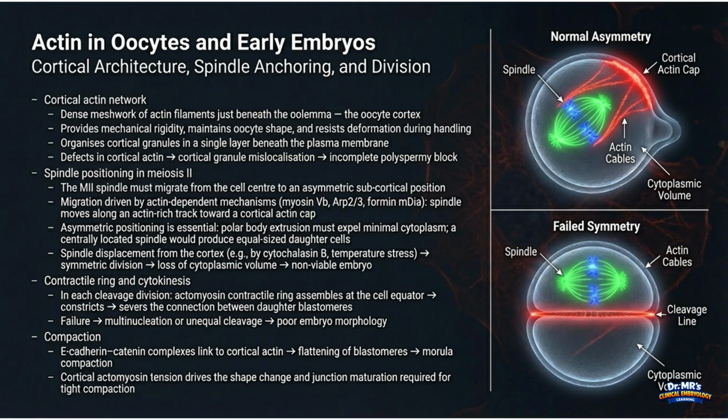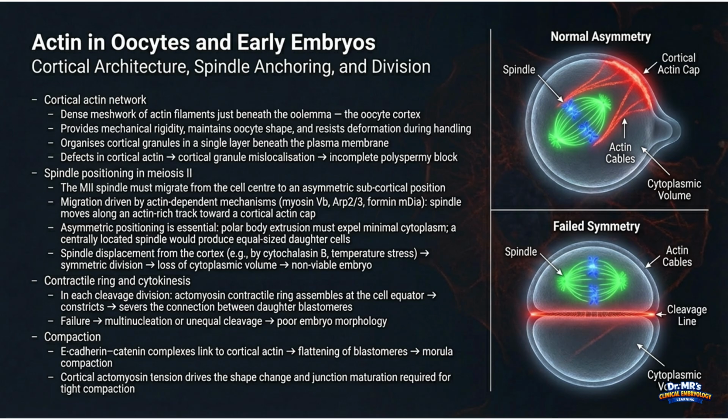But biologically, its primary role is organizational. That actin meshwork is responsible for physically holding the cortical granules in a precise single-file layer right up against the inner membrane. Which is absolutely vital for the block to polyspermy. When the sperm enters, calcium spikes, and those cortical granules have to exocytose immediately, dumping their enzymes into the perivitelline space to harden the zona pellucida.